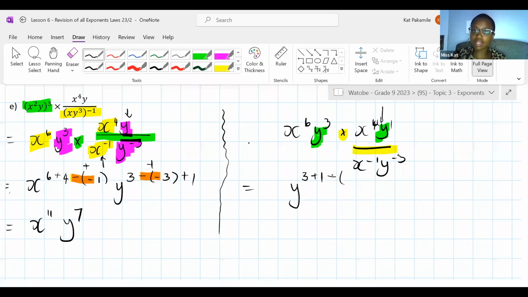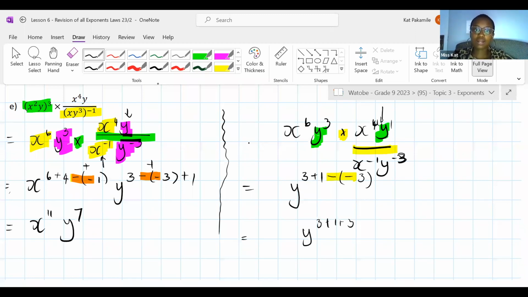What do we have here in the denominator? It is -1 and -3. We're working with y, not x, so it's -3. So you have negative negative, and 2 negatives give you a positive. So you end up with y^(3 plus 1 plus 3). Do you see now where that 1 came from? Oh, okay. Thank you, ma'am.